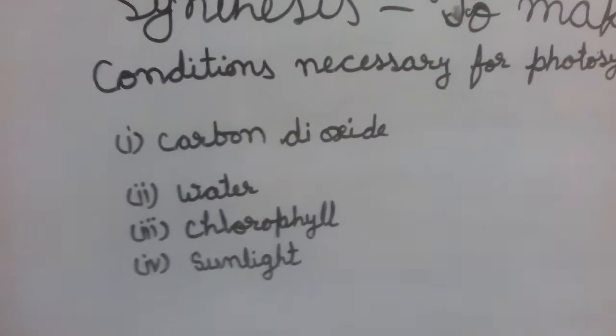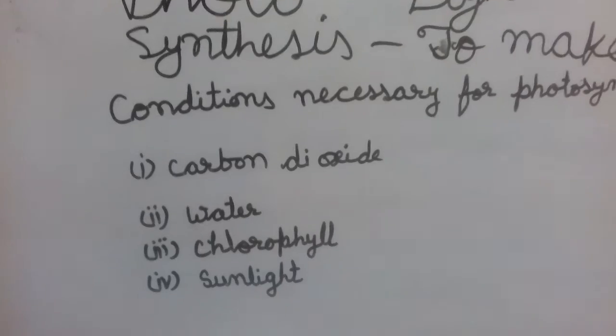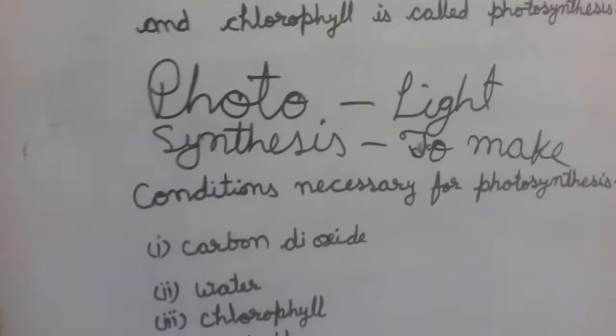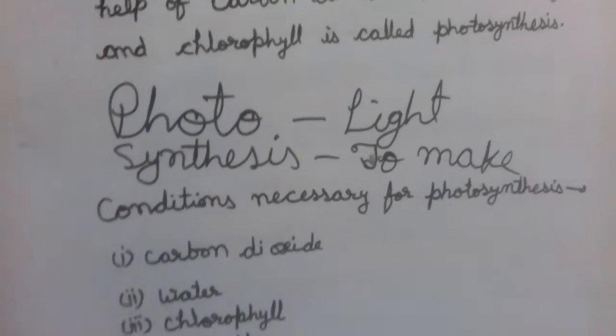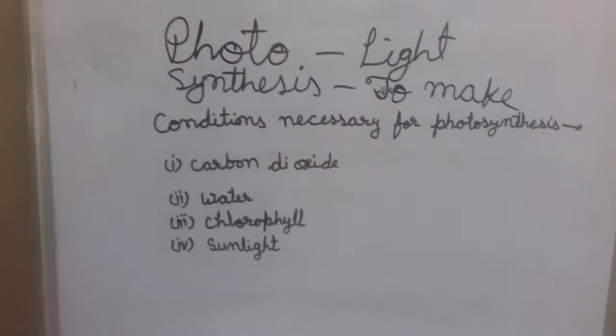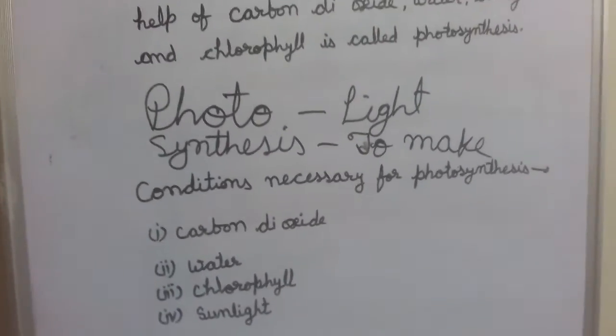Xylem is a vessel present in plants which carries liquids from roots to other parts of the plant and from other parts of the plant to the root. It is the carrier of liquids.